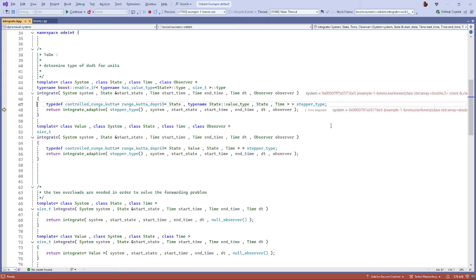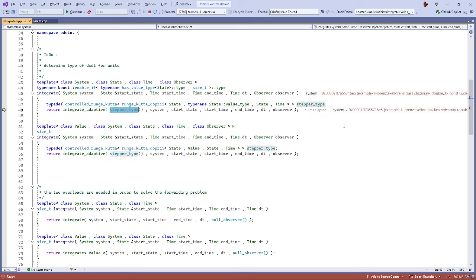And here they're saying they're going to use the Runge-Kutta Dopri 5 stepper, and this stepper is nested inside a controlled Runge-Kutta stepper, and that is the stepper type that they're going to use for integrate adaptive.